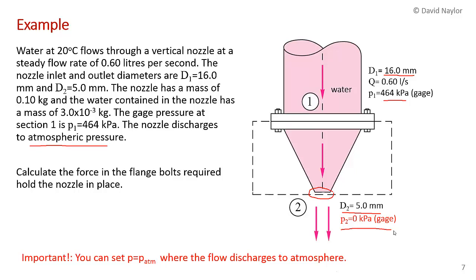So for most practical applications, where a fluid discharges to atmosphere, be it water or air or any other fluid, you can assume that at the exit of the nozzle or the discharge point, the pressure is equal to atmosphere. And that's an assumption we'll be making over and over again in the course. It's one of those standard assumptions that's valid.